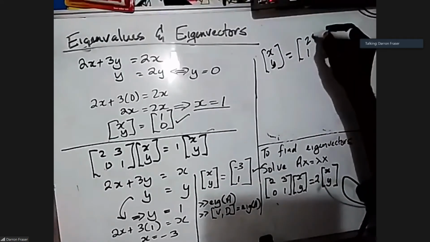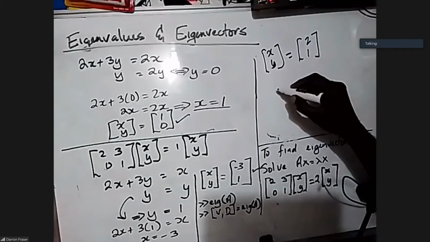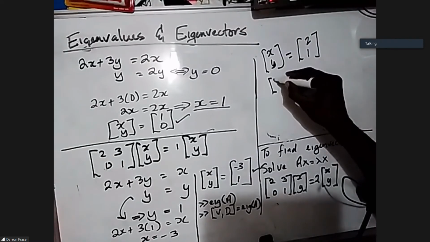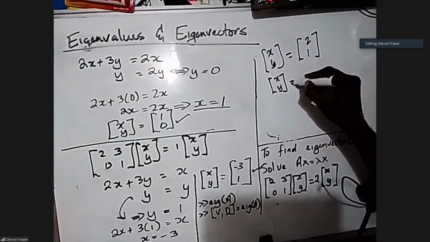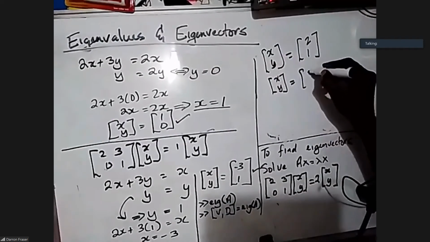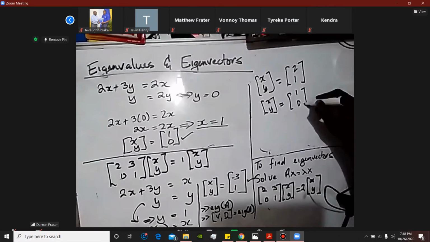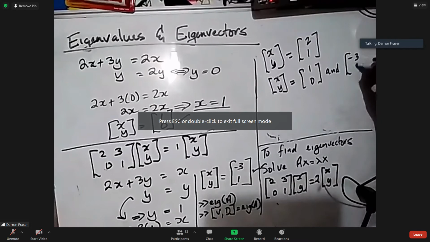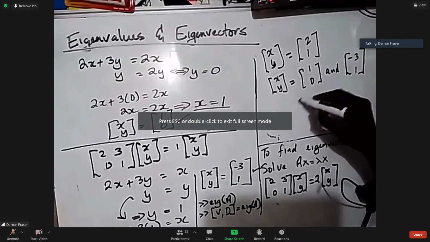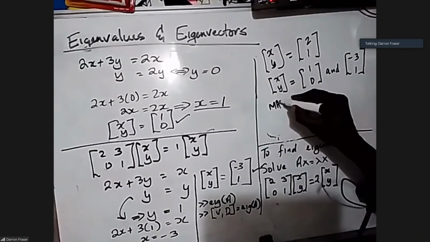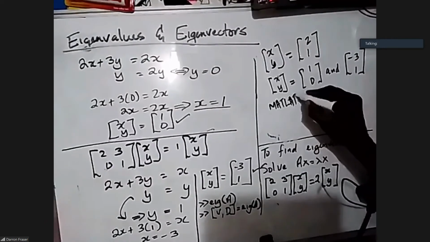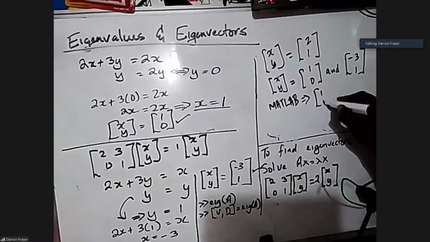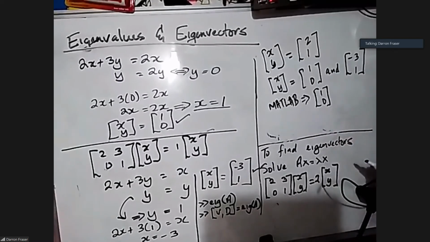So you give me 2, 1. But now, for the eigenvectors, I have x, y equal to 1, 0, and the next x, y equal to -3, 1. MATLAB gives me 1, 0 as the first answer.